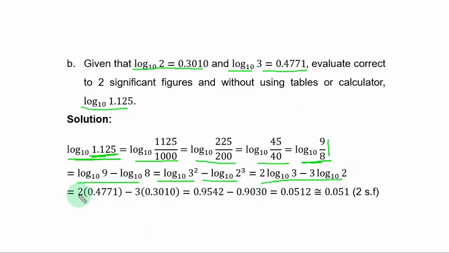So you have 2 bracket open, log 3 is 0.4771, bracket close, minus 3 bracket open, log 2, that is 0.3010. If you multiply, you get this result. If you simplify, you get this. To 2 significant figures, you have 0.051.